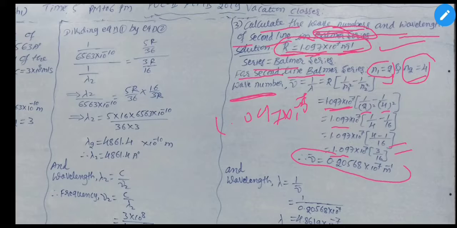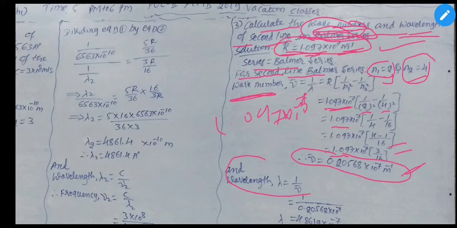Let us write the formula for the wave number: nu bar is equal to 1 by lambda, equal to R into 1 by N1 square minus 1 by N2 square. The standard R value, 1.097 into 10 raised to plus 7 per meter, has to be substituted here.